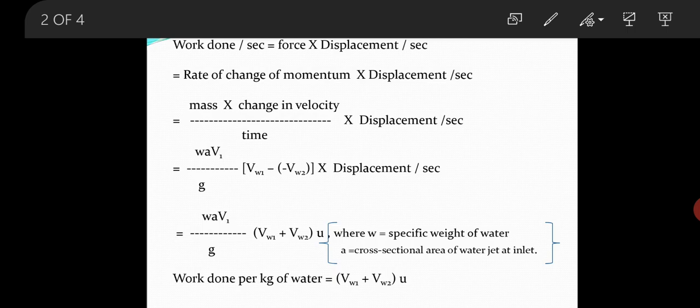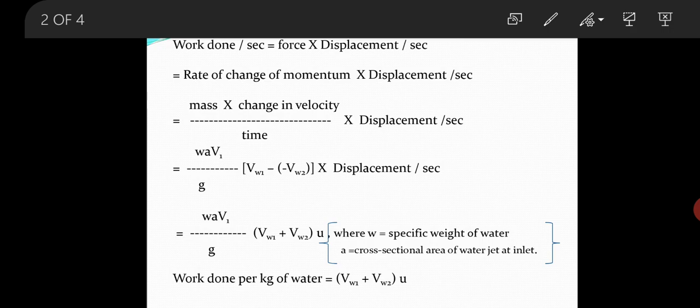So now this is W a V1 by g into (VW1 plus VW2), and displacement per second of the blade is nothing but the blade velocity, that is U. So work done per second is equal to W a V1 by g into (VW1 plus VW2) into U, where W a V1 by g is the mass flowing per unit time.